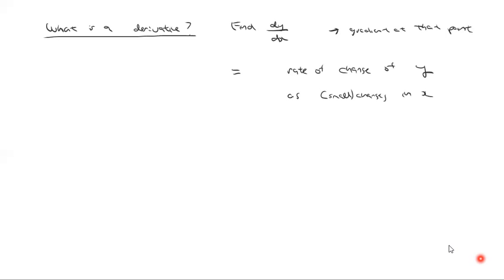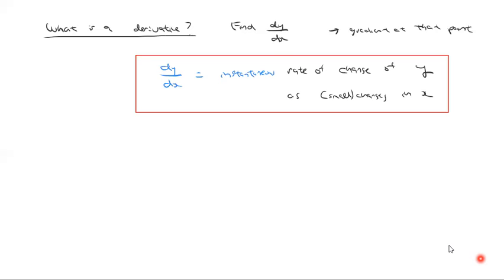So basically, it's how the top part changes, and more specifically, it's the instantaneous rate of change of y as small changes are made in x. And that is basically what dy dx would represent.